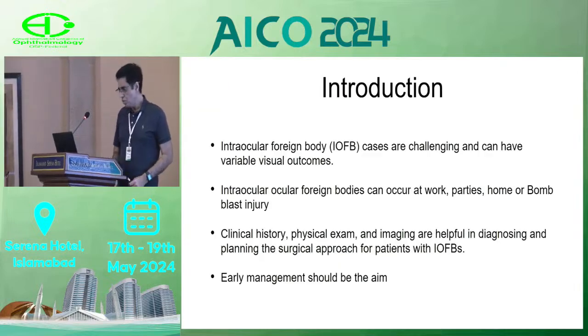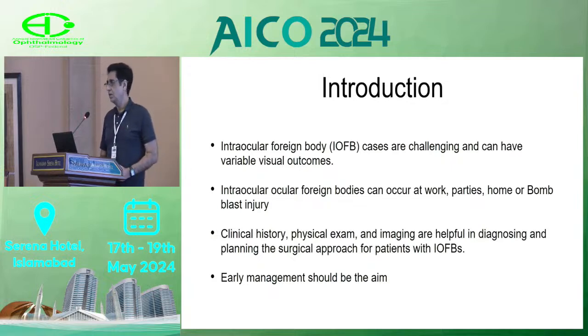Okay, so I'm going to talk about intraocular foreign bodies. They are challenging, and their visual outcome can be very variable. Sometimes it's really important to look at the history, because from the history you get the clue about what exactly happened and whether there would be any foreign body or not. Foreign bodies can be hiding in the ciliary body region.